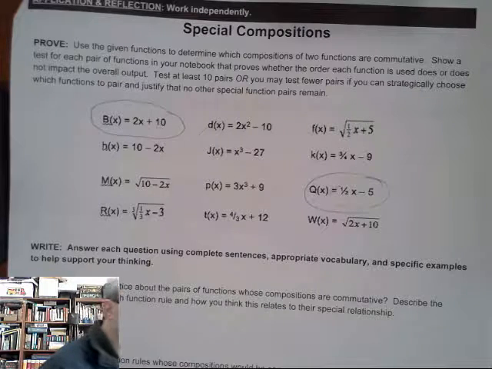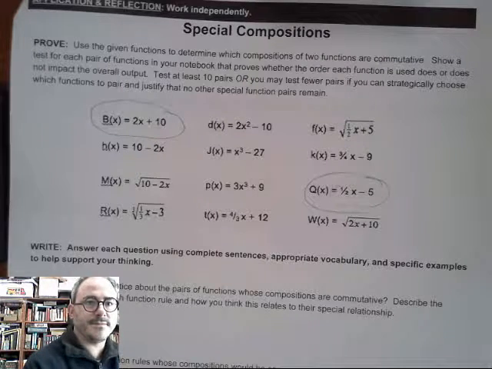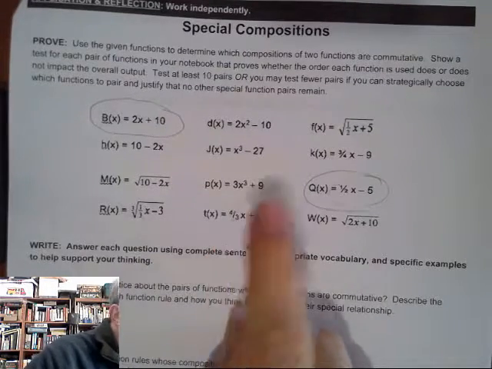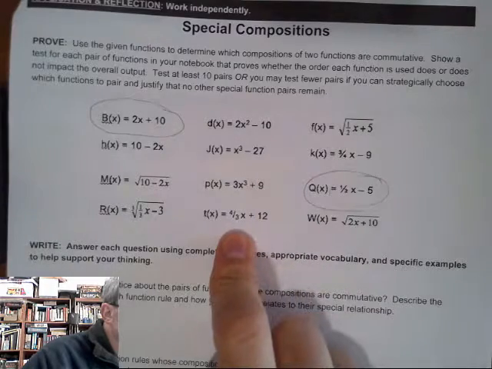I need to see another one of these to see if it is commutative. So I'm looking for numbers which have the inverse of each other for both things.